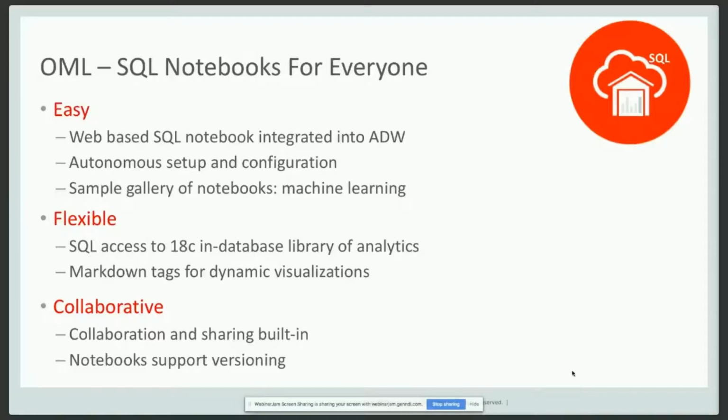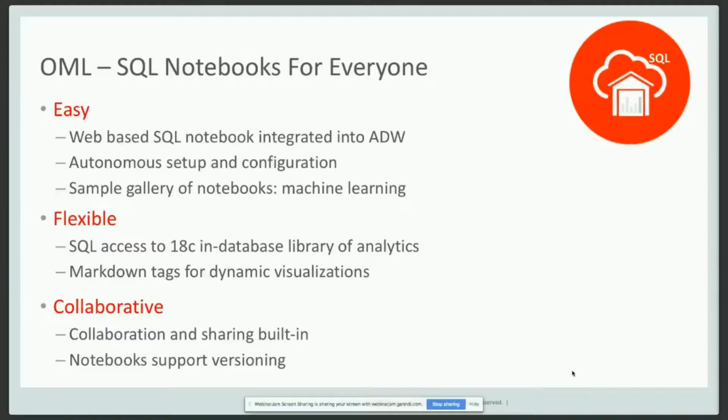So we've provided this SQL notebook that's fully integrated into Autonomous Data Warehouse. You don't have to set up connections or anything like you do with SQL Developer. Connection's already built in, it's already configured. The setup and the configuration and the deployment happens as you create your Autonomous Data Warehouse instance.